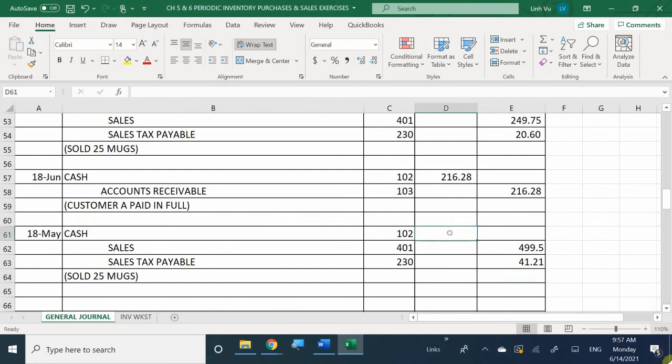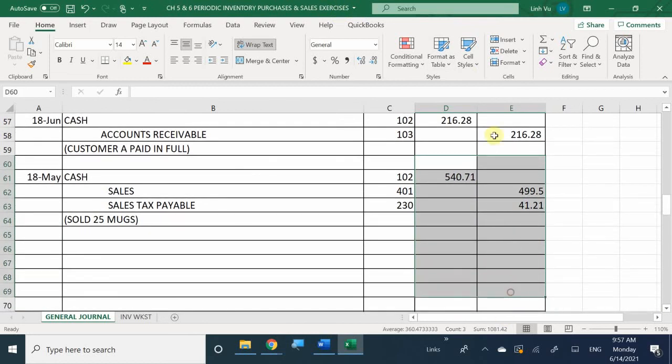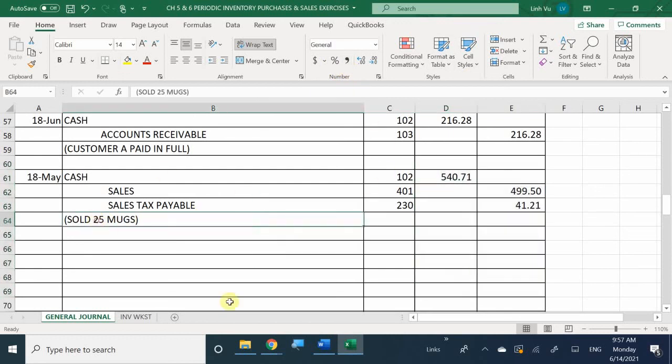Good. And in grand total, how much cash should I be receiving? $540.71. Right? Excellent. Okay. And of course, I'm going to make my note saying that I sold 50 mugs.